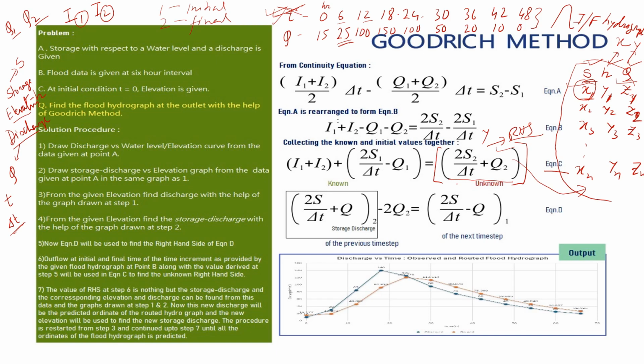So don't take the data from this flood hydrograph, which is given at point B. Flood data is given at 6 hour interval. Just consider this 6 hour interval as the del T. Del T is 6 hours, it will be converted into seconds, so 6 hours into 60 into 60.